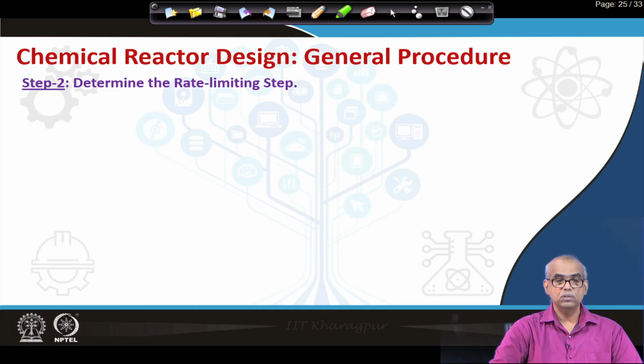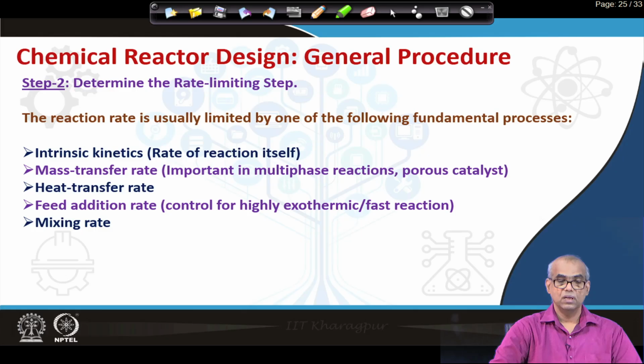In step 2, determine the rate limiting step. The reaction rate is usually limited by one of the following fundamental processes: the intrinsic kinetics, that is rate of the reaction itself; mass transfer rate, which is limiting particularly in multiphase reactions or in presence of porous catalyst, where the diffusion of the species is involved.